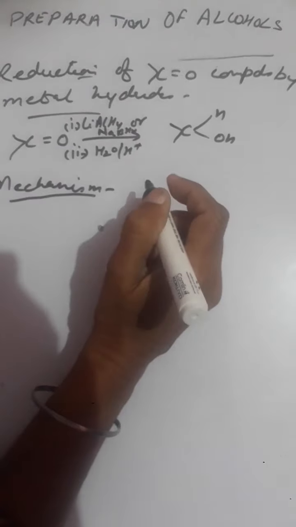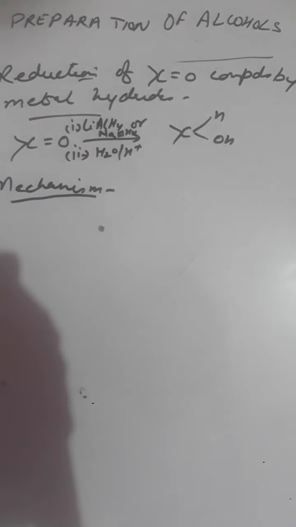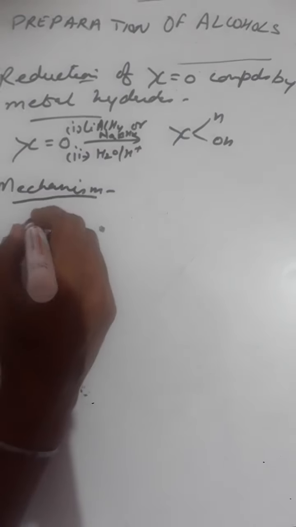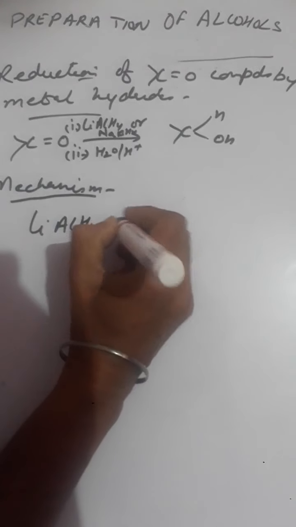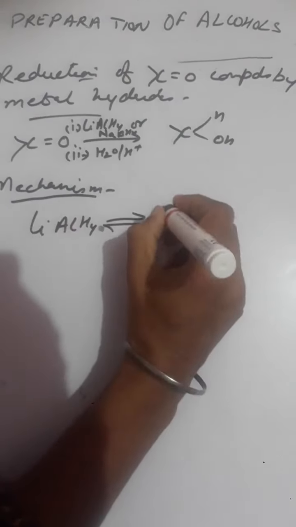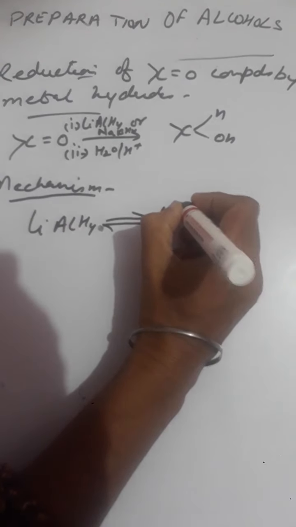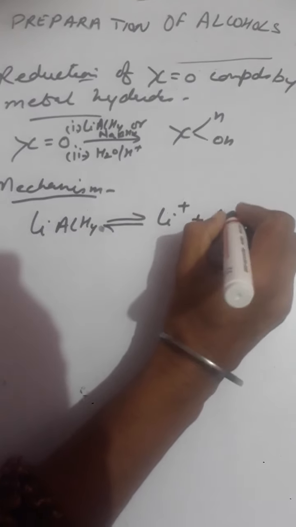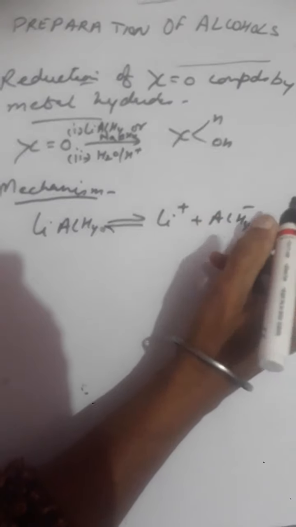For the mechanism, first let's take the example of lithium aluminum hydride. In this, what will happen? This LiAlH4 exists like this, Li plus and AlH4 negative.